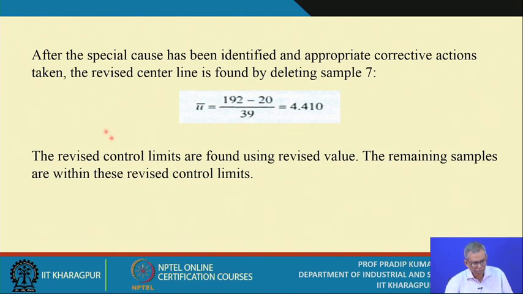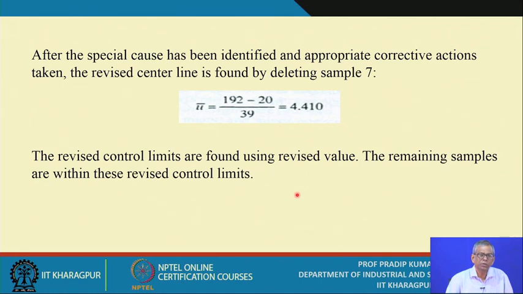So these details are here. And always what we will try to do is, first you go for a preliminary control chart, okay, and then assuming that the process is in control, you go for determination of the revised control limits.